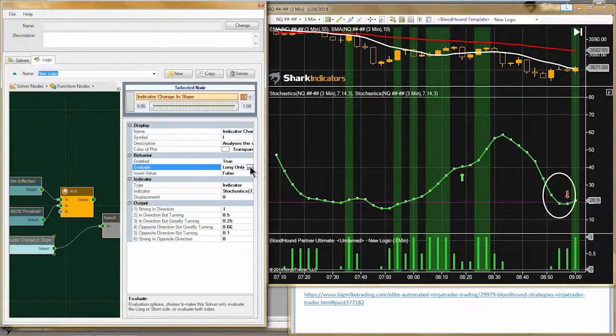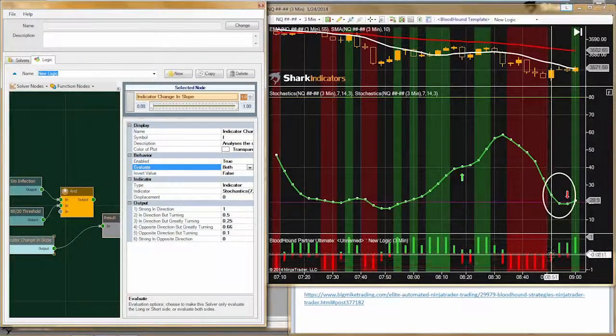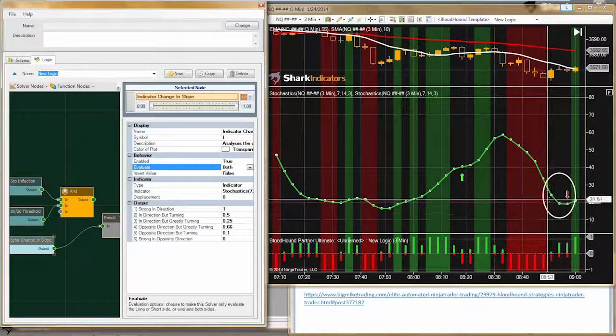And so now if I turn on both the longs and the shorts, we can see it's beginning to make a little more sense.